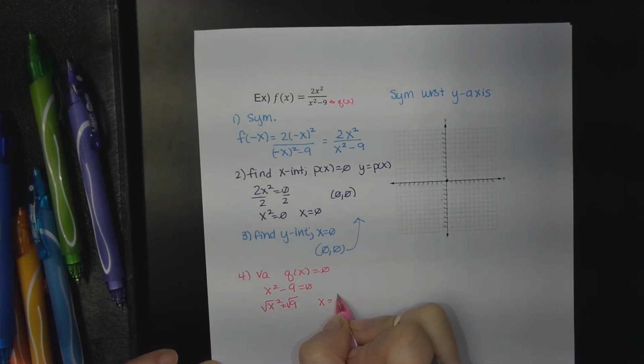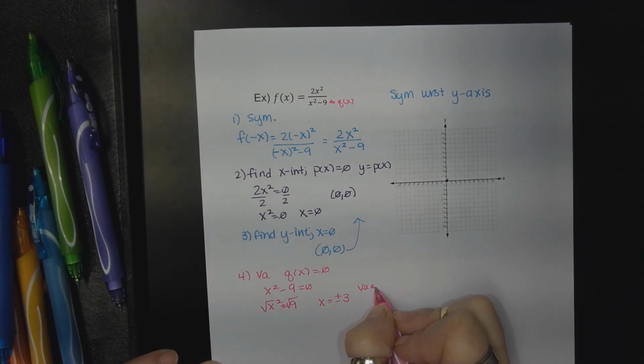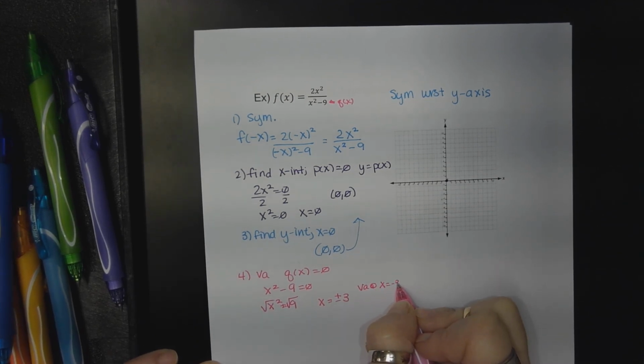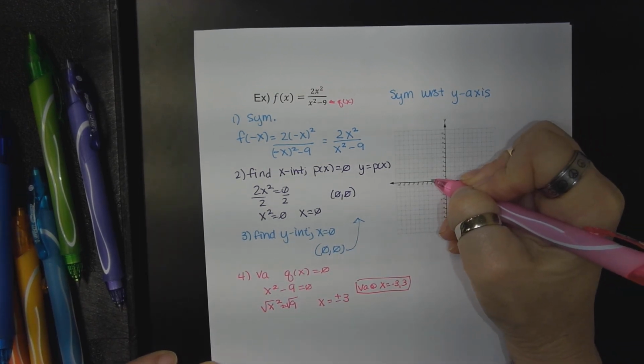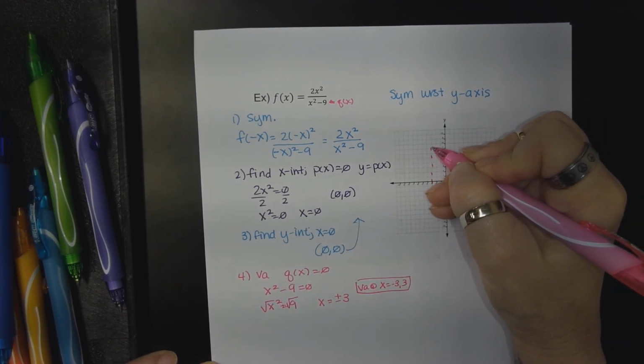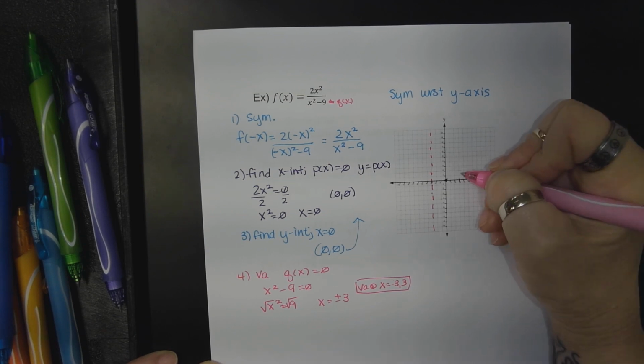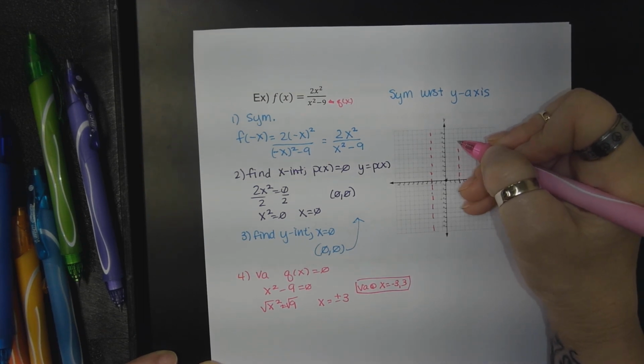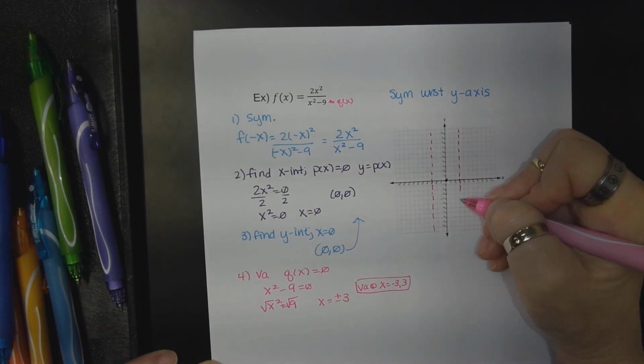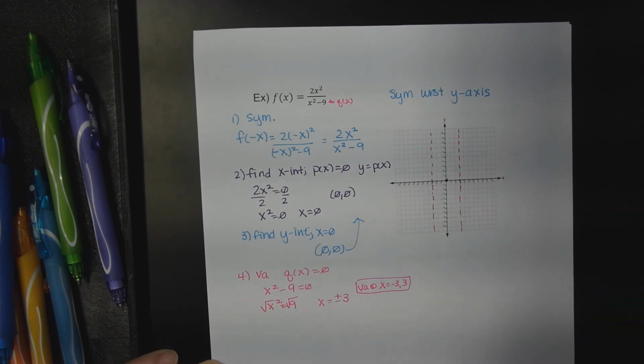So x equals plus minus 3, all right? So your VA is at x equals negative 3 and 3. So 1, 2, 3. Make sure when it's a VA that you put it vertically, not horizontally. Here we go.